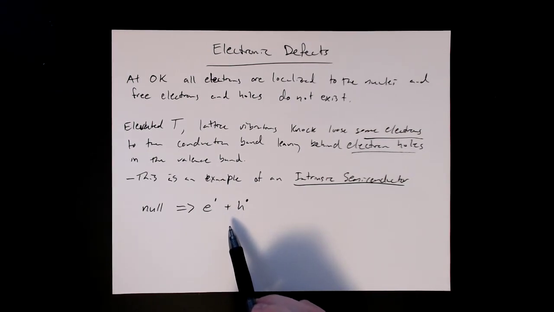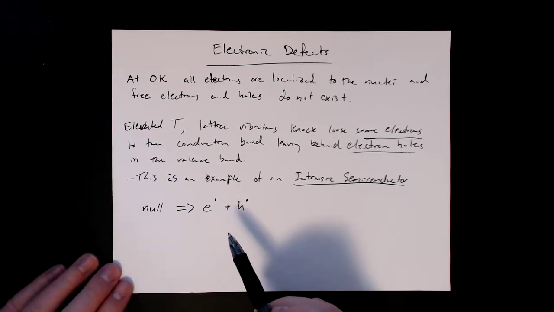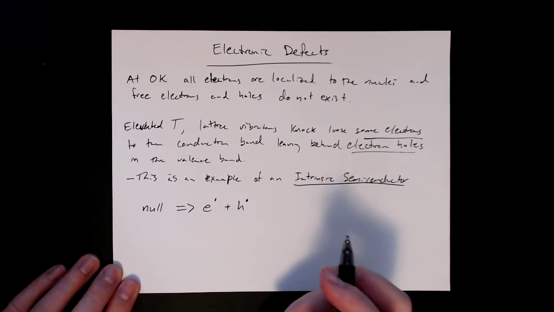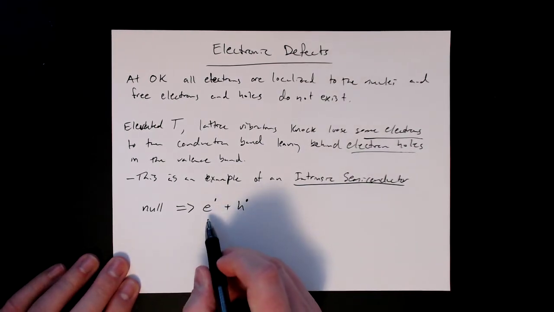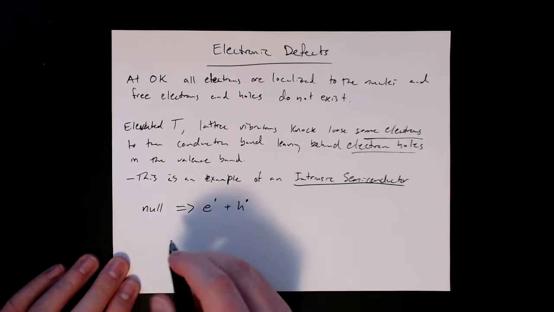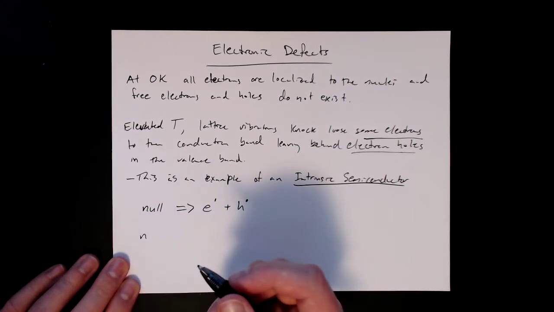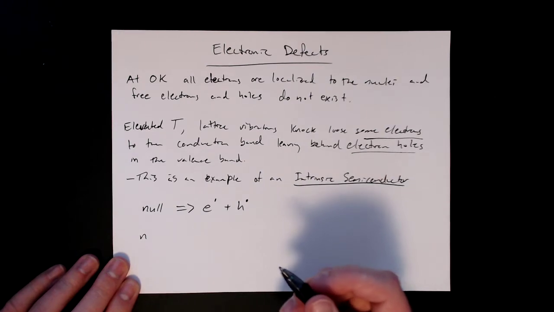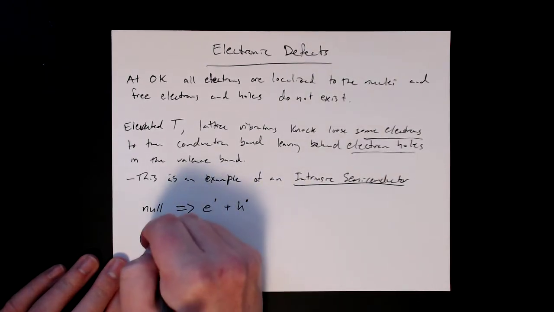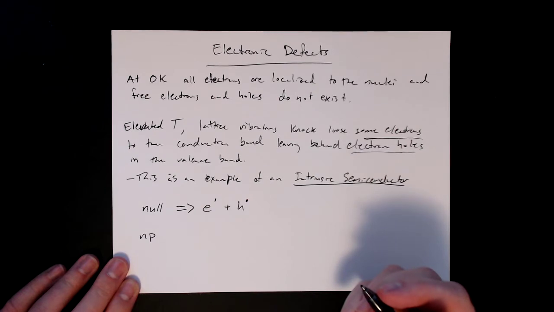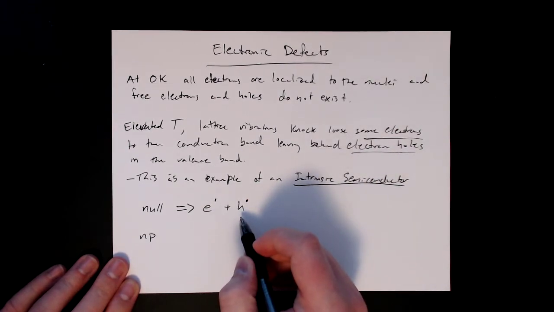So you can see that this will be closely related to the temperature. Increasing the temperature would increase the number of these defects, and that's related to the energy that's required. And so we can actually write this in terms of the numbers. The number of electrons is frequently referred to as N, as in an N-type semiconductor, and then P for P-type is related to the number of holes.